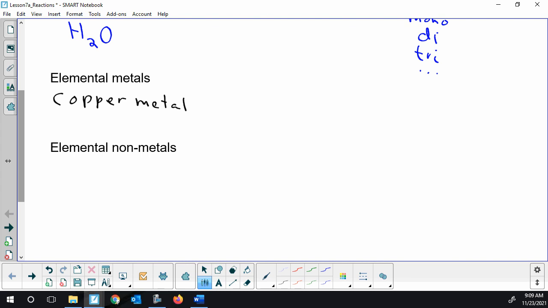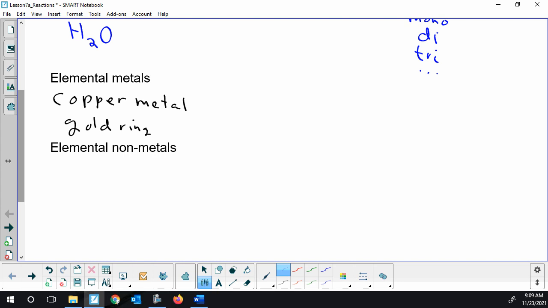You might get something, particularly in Chem 20 or Chem 30, that you're told you have a gold ring. A gold ring is just a gold piece of metal. What's key here and what makes it the elemental form is that we just have copper in the top example. We just have gold in the bottom example.